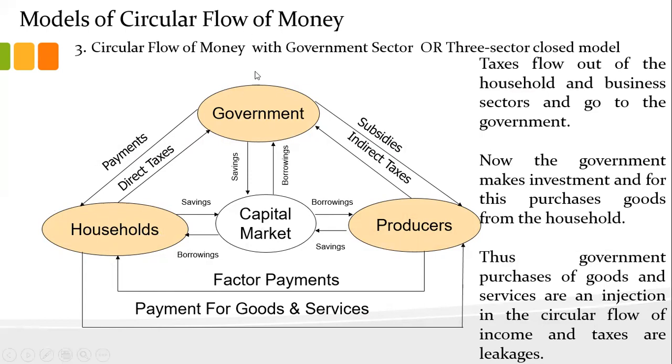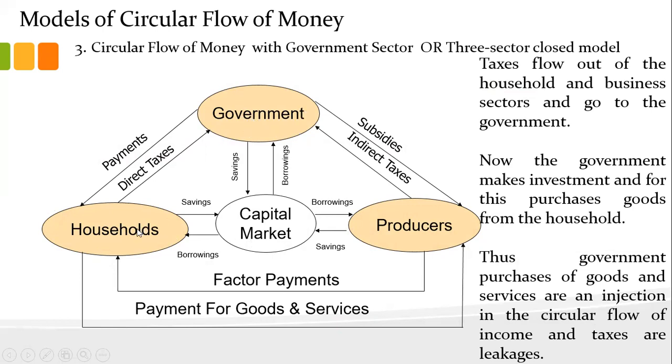So if the government has a deficit, it means tax collection is less but expenditure is more. In deficit condition, the government will borrow from the capital market. And in the reverse case, tax collection is more and expenditure is less, so there is a surplus, and the government can again invest that money into the capital market.